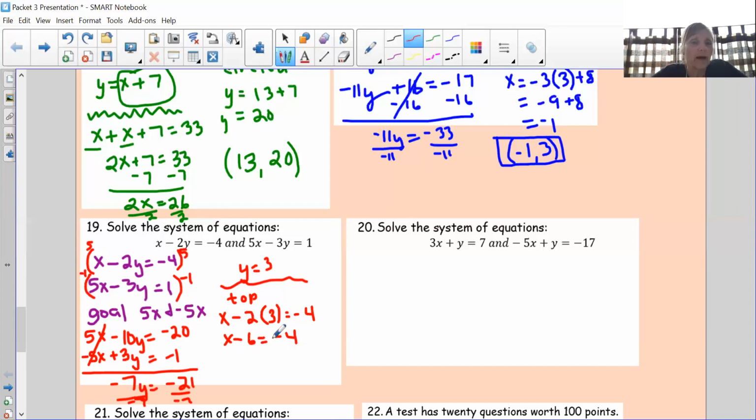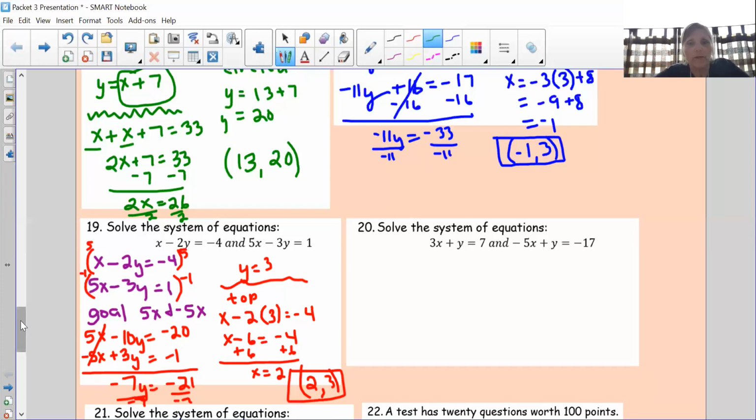And now I have just a simple equation to solve, so I'm going to add 6. So x equals 2. So my final answer is 2, 3. Okay?